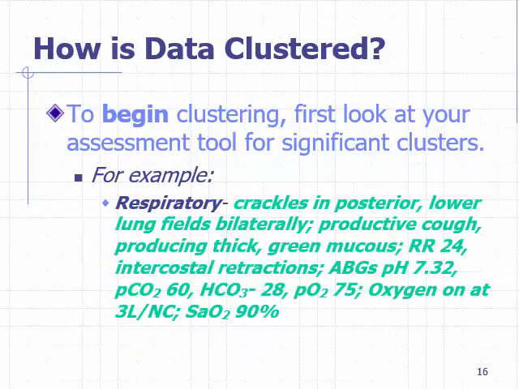So how is data clustered? To begin clustering, first look at your assessment tool for significant clusters. For example, under respiratory, you have crackles in the posterior lower lung fields bilaterally, productive cough, patient is producing thick green mucus, a respiratory rate of 24, intercostal retractions, and arterial blood gas or ABG values of a pH of 7.32, carbon dioxide of 60, bicarb of 28, and oxygen of 75.